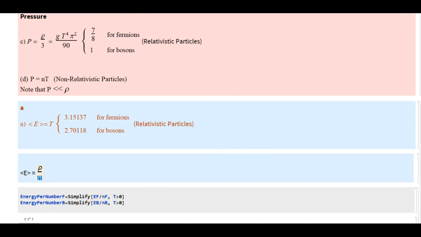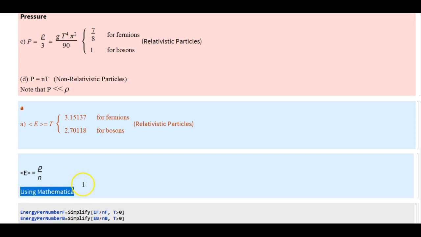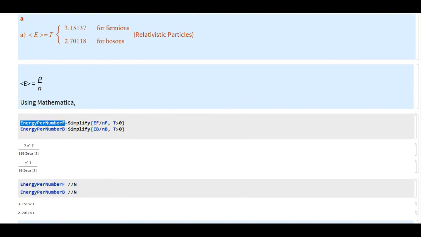These are variables defined using Mathematica: energy per fermion particle and energy per boson particle.